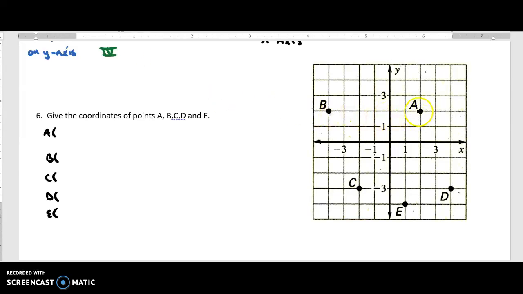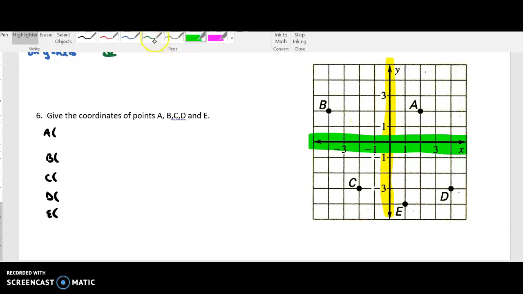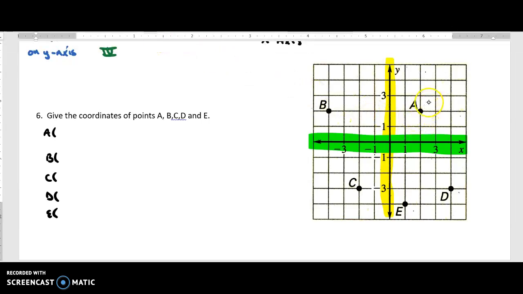Sometimes it's a little difficult depending on the textbook, but this yellow one is the y-axis. This green one is the x-axis, so we don't get that confused. When I look at point A, if I start at the origin, it goes over 2, so your x value is 2, and then it goes up 2, so your y value is 2. Okay, and that is in quadrant 1.